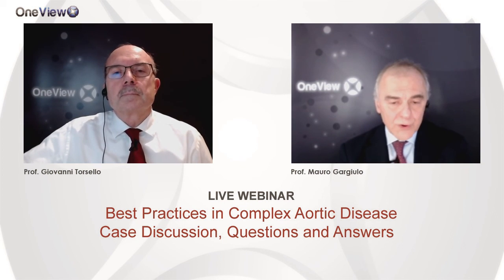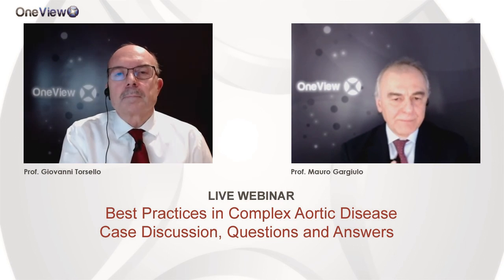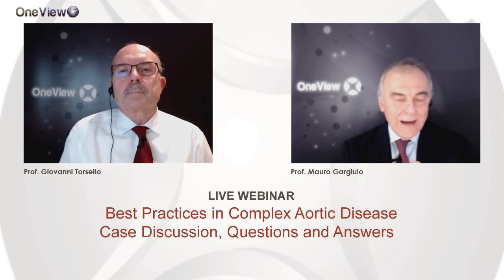If you have to work with FEVAR and you are very close to the ostium, in our experience we didn't have any problem regarding the stability of the stent graft if we were inside the visceral vessel 1.5 or 2 centimeters. Then I think it depends absolutely on the morphology of the aortic endograft.